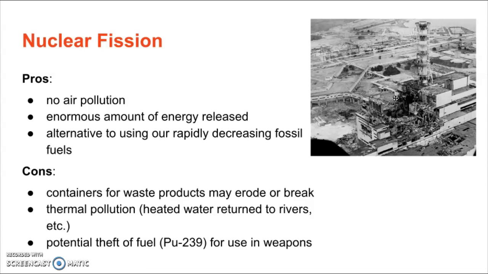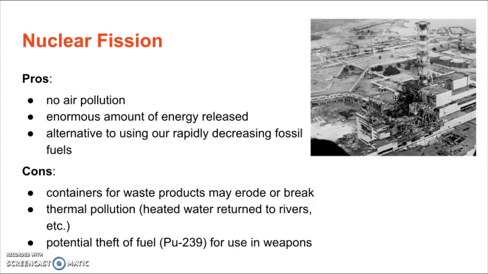If it stays in the reactor itself, there's no air pollution, and an enormous amount of energy is released comparatively to fossil fuels. It's an alternative to using our rapidly decreasing fossil fuels on Earth. So people are saying that we can use fission in nuclear reactors to be able to produce energy.